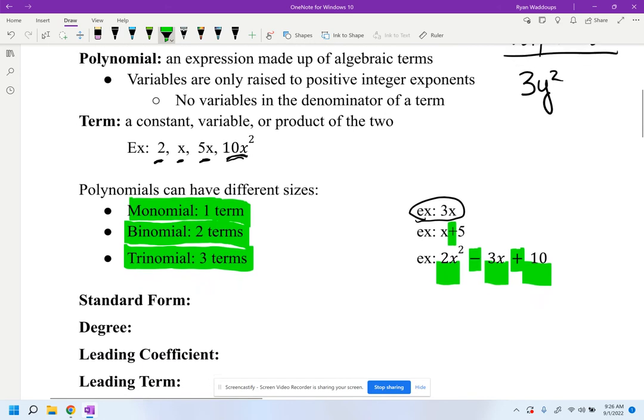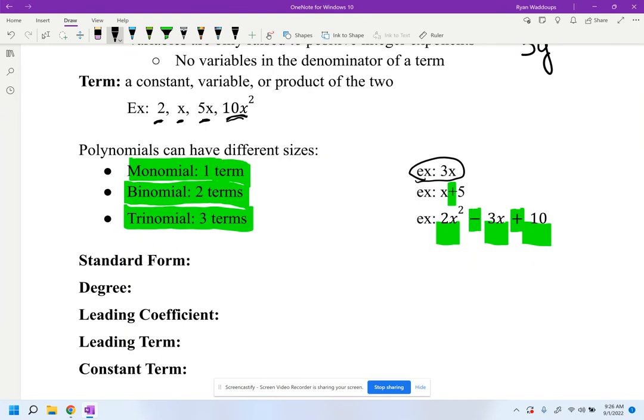All right, so standard form is in decreasing order by exponents.